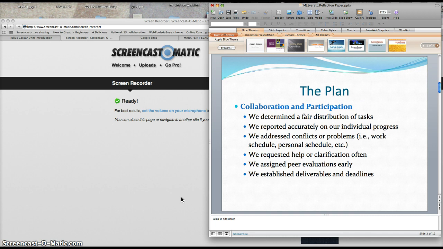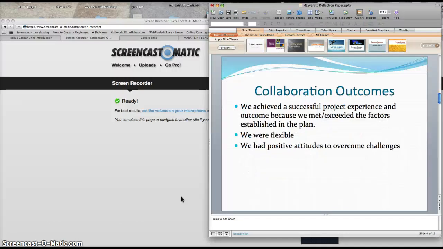The plan incorporated collaboration and participation, and we determined each of these steps and we fully executed each one in a timely manner. The collaborating outcomes I feel we achieved were successful project experience and outcome because we met and exceeded those factors.